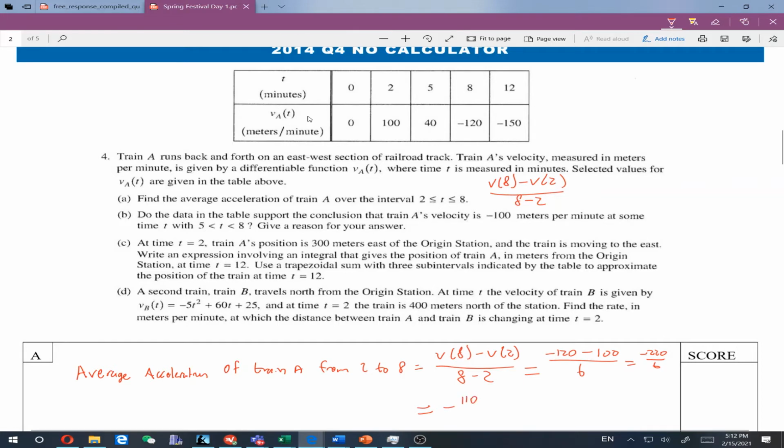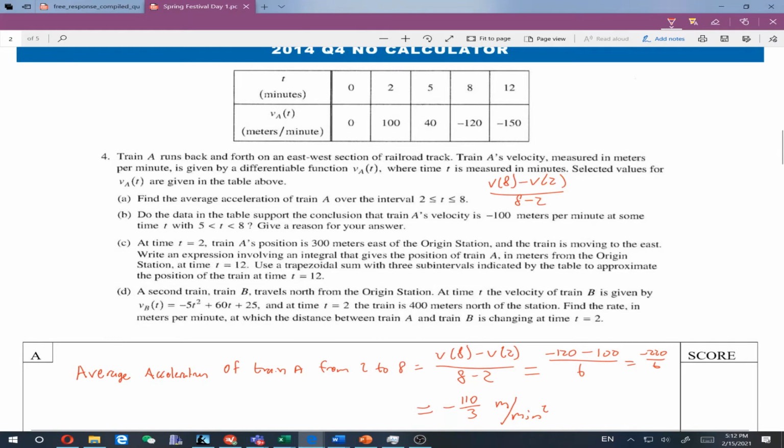Okay, negative 110 over 3, and what are our units? Perfect. Meters per minute squared.